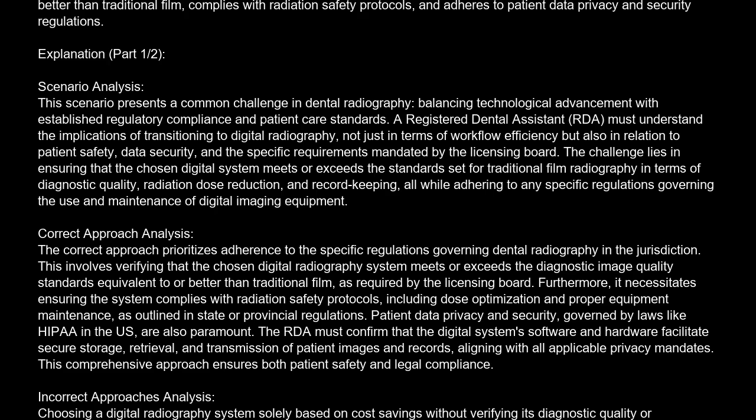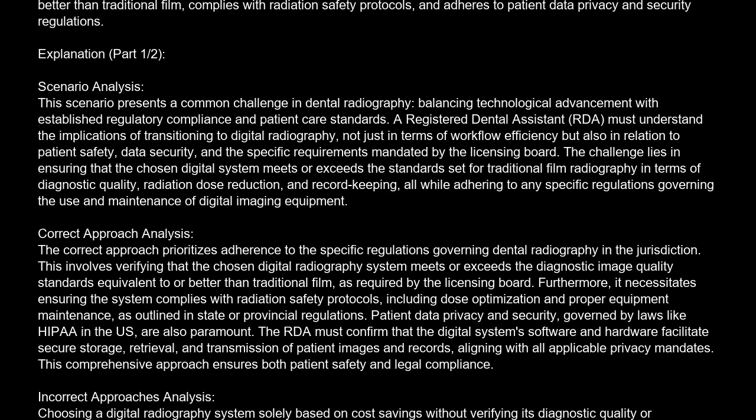Explanation. Scenario analysis. This scenario presents a common challenge in dental radiography, balancing technological advancement with established regulatory compliance and patient care standards. A registered dental assistant, RDA, must understand the implications of transitioning to digital radiography, not just in terms of workflow efficiency, but also in relation to patient safety, data security, and the specific requirements mandated by the licensing board.